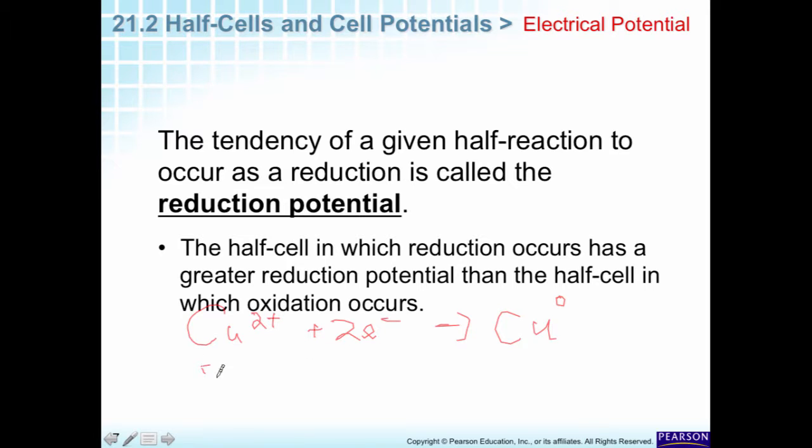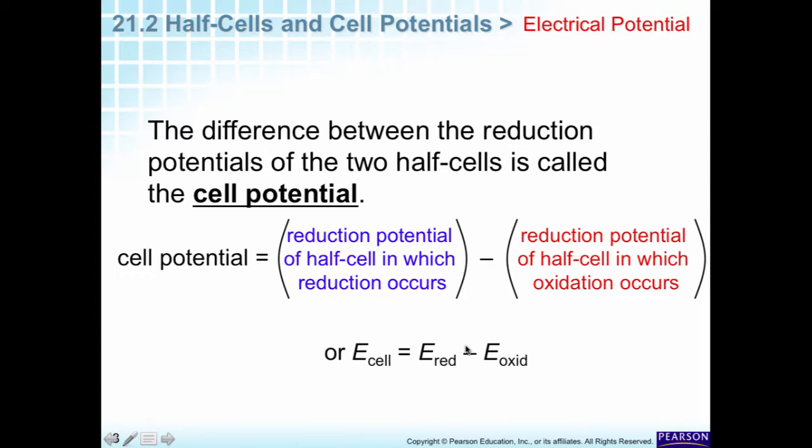And we saw that in the other half cell we had zinc 2 plus and 2 electrons going to zinc. Okay, so that was what we saw previously.